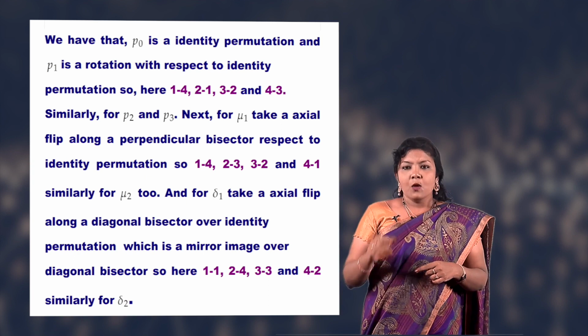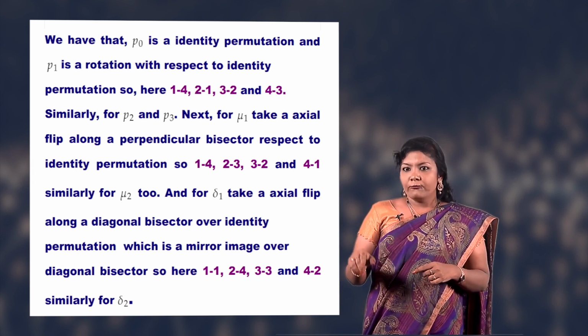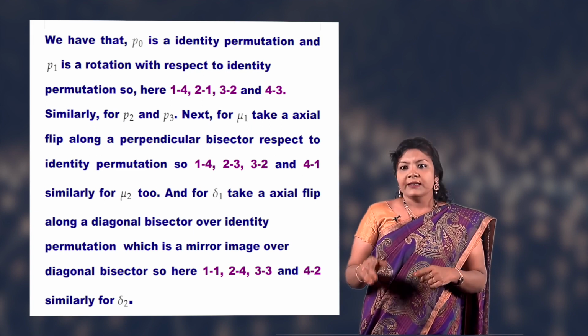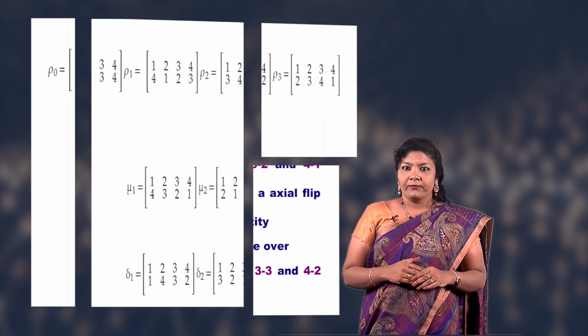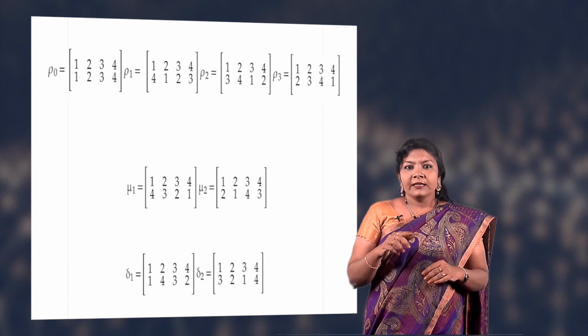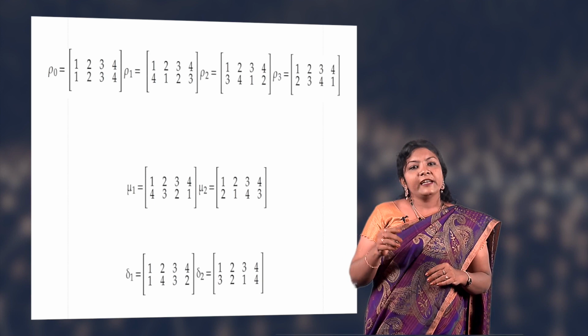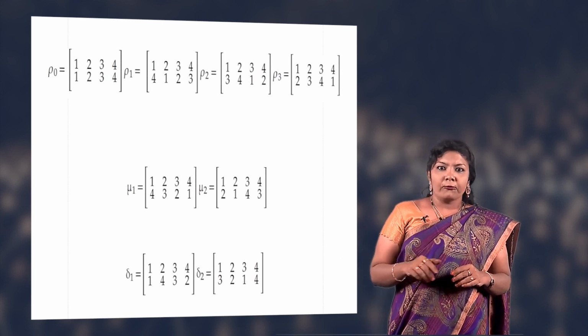So, here 1 goes to 1, 2 goes to 4, 3 goes to 3 and 4 goes to 2. Similarly, for delta 2. See here, rho 0 is equal to 1 goes to 1, 2 goes to 2, 3 goes to 3, 4 goes to 4.